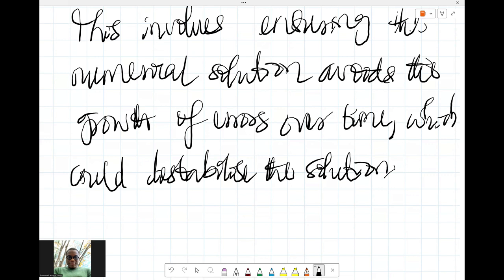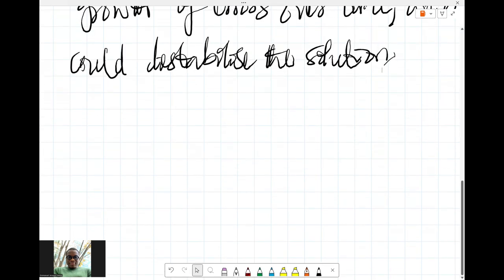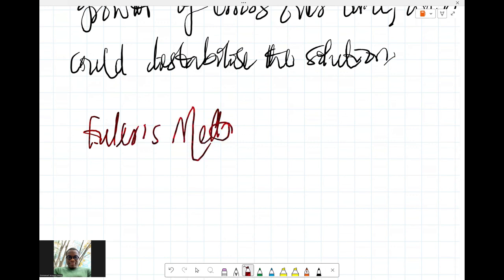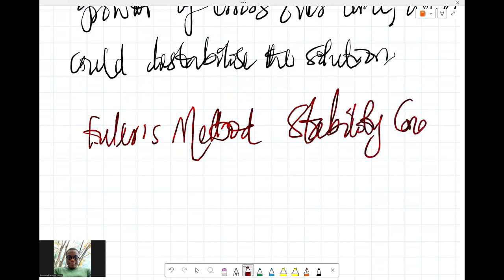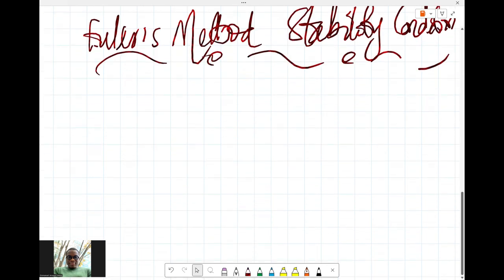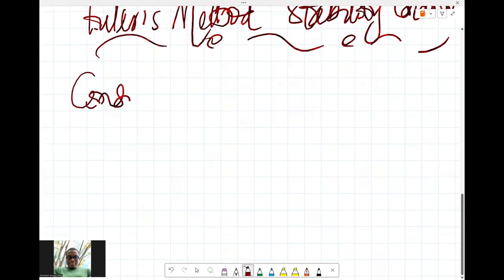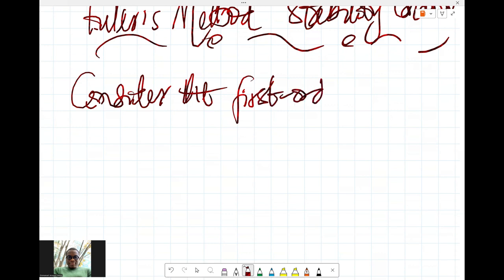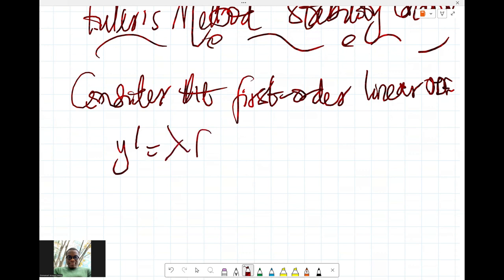Okay, so let's go ahead and talk about Euler's method stability condition. So consider the first order linear ordinary differential equation, which is y prime equals lambda y.